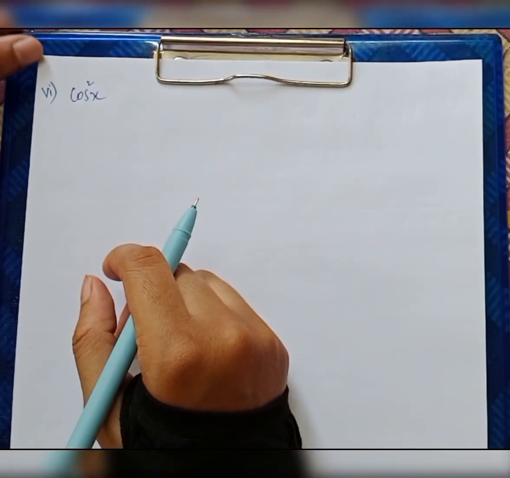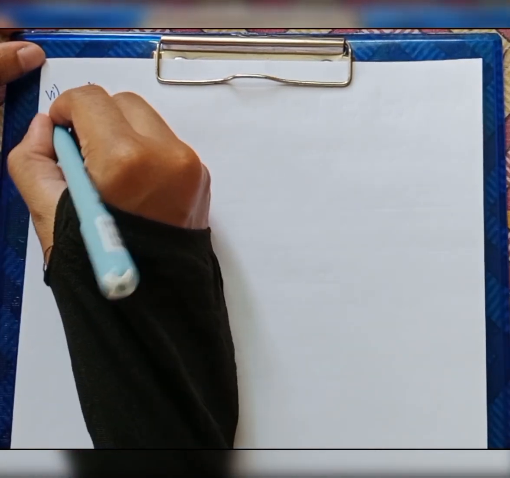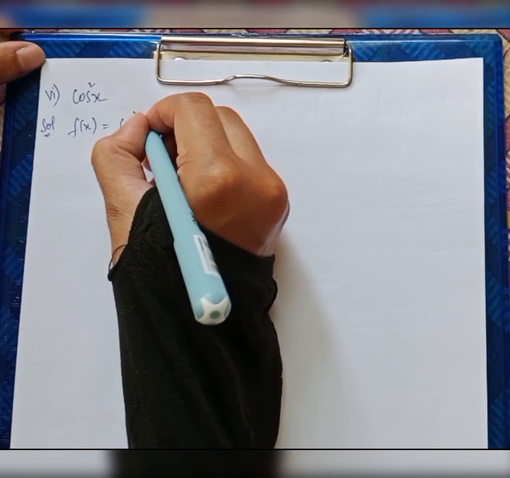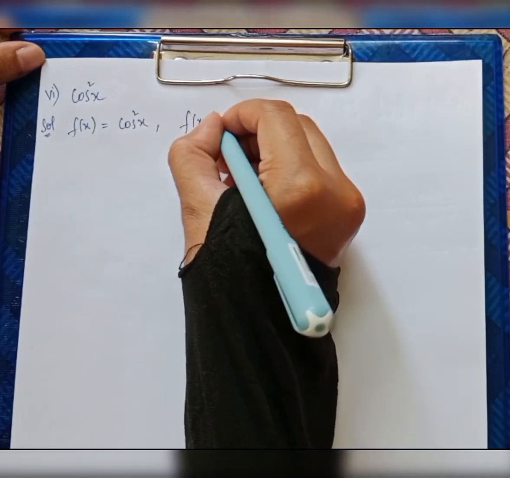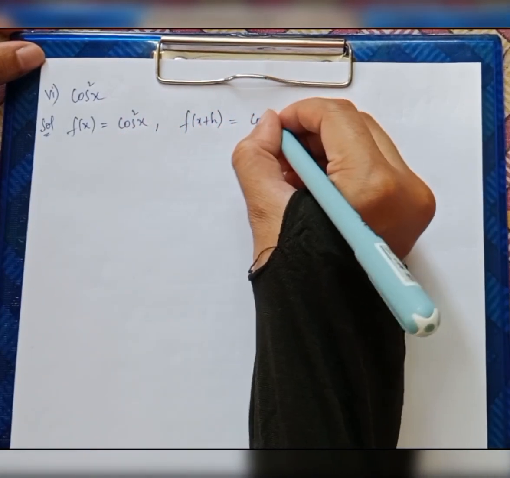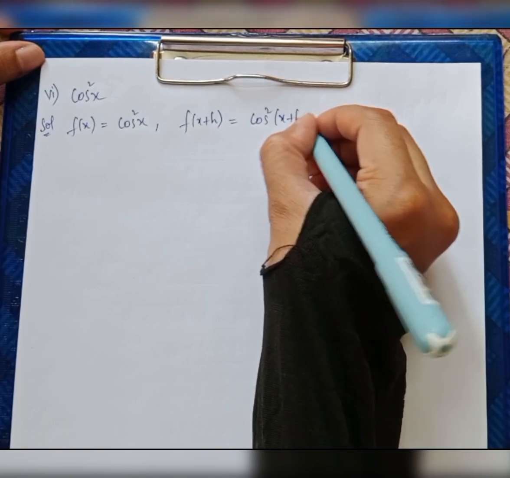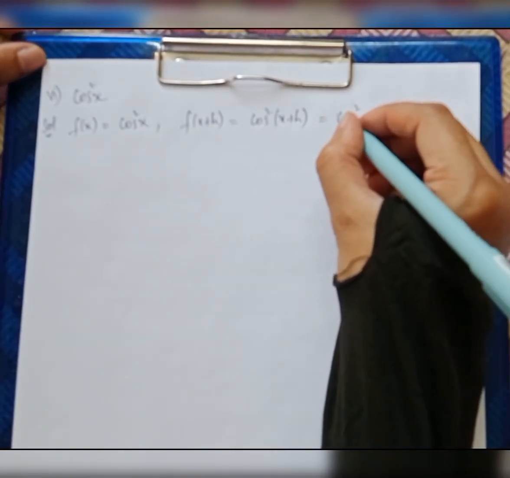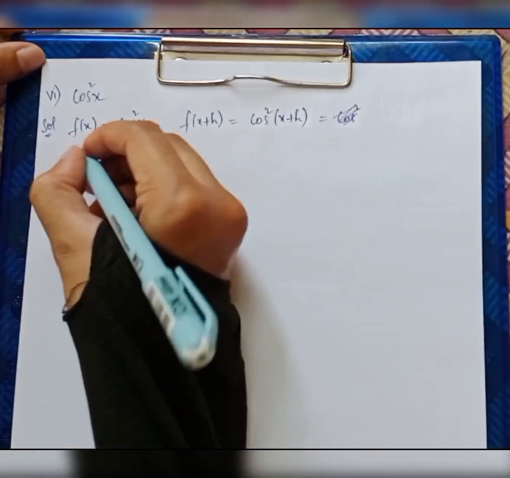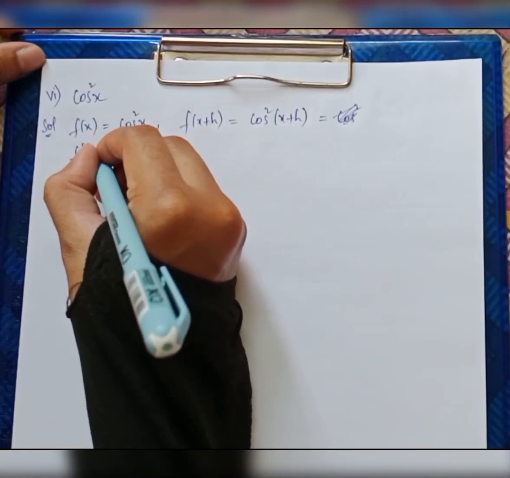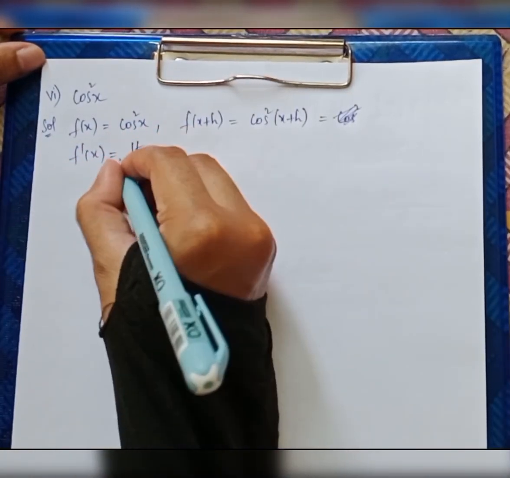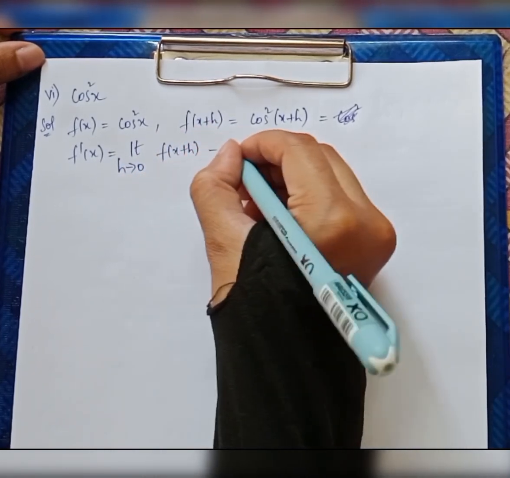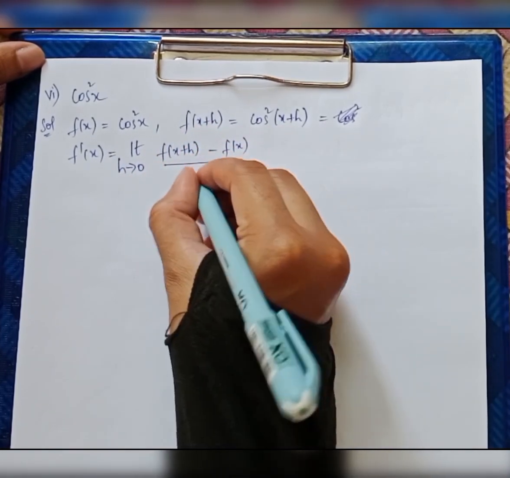So our next function is cos square x. Solution, f(x) equals cos square x, f(x + h) equals cos square (x + h). Now the formula: f'(x) equals limit h tends to 0 of f(x + h) minus f(x) by h.